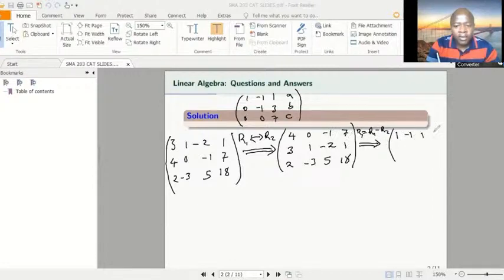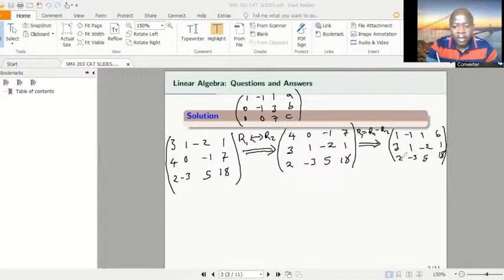And then 1 from 7 will be 6. You can see that has given us what we want in the first row. The second row remains the way it is, which is 3, 1, -2, 1. And the third row remains the way it is, and that is 2, -3, 5, 18.